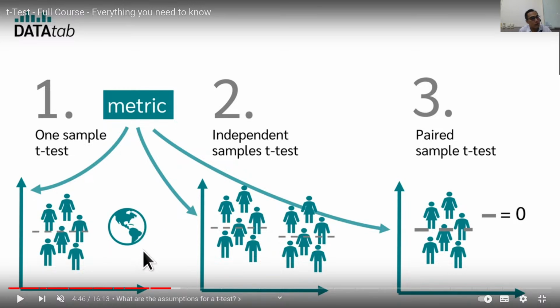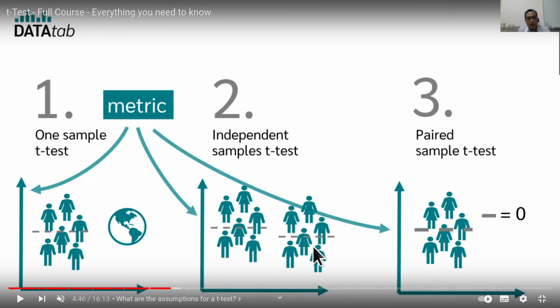Here the diagram is an earth, and the 5 people are the samples. If you want to test whether the group of samples is from the big population, you can conduct a one-sample t-test.